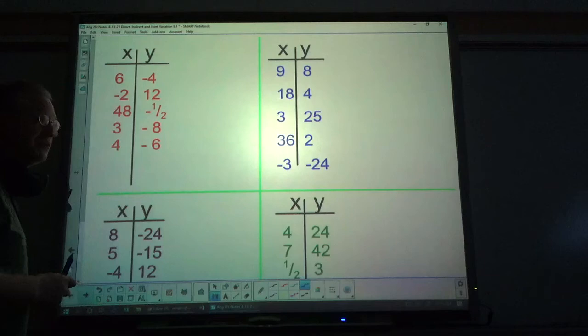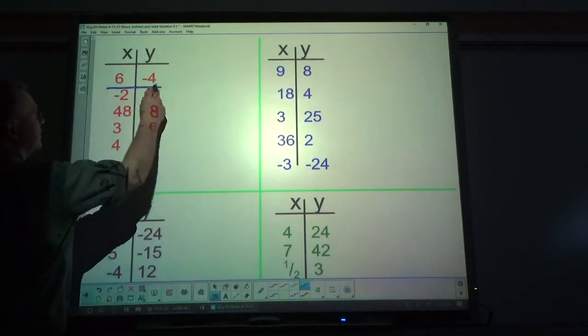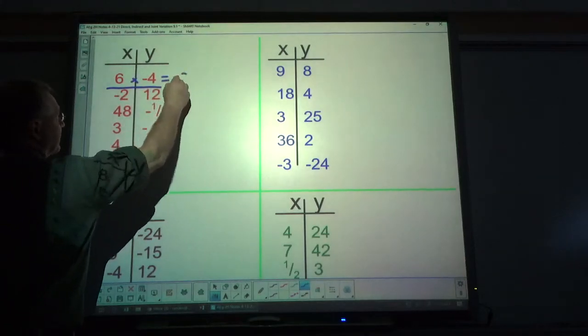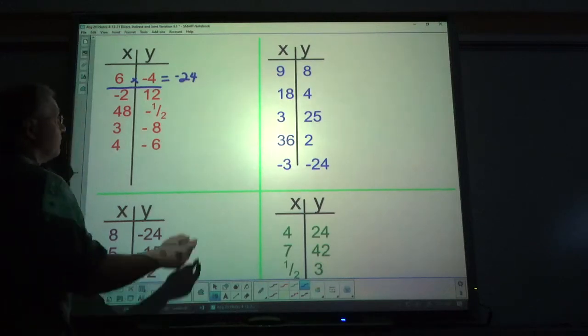The easiest one to check is to see if x times y equals the same value of k throughout. When I multiply these two together, that gives me negative 24. If that persists throughout all of them, then k is negative 24, and it's inverse.